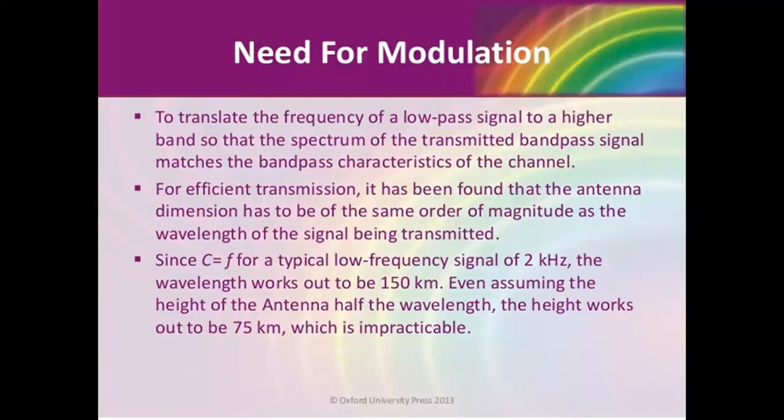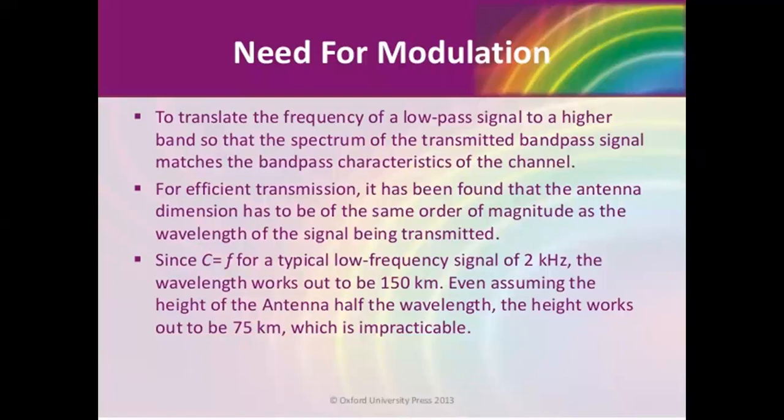That's why, for longer distance communication and efficient transmission, you require a modulation technique. To utilize the spectrum, modulation translates the frequency of a low pass signal to a high band signal. The next point is efficient transmission.